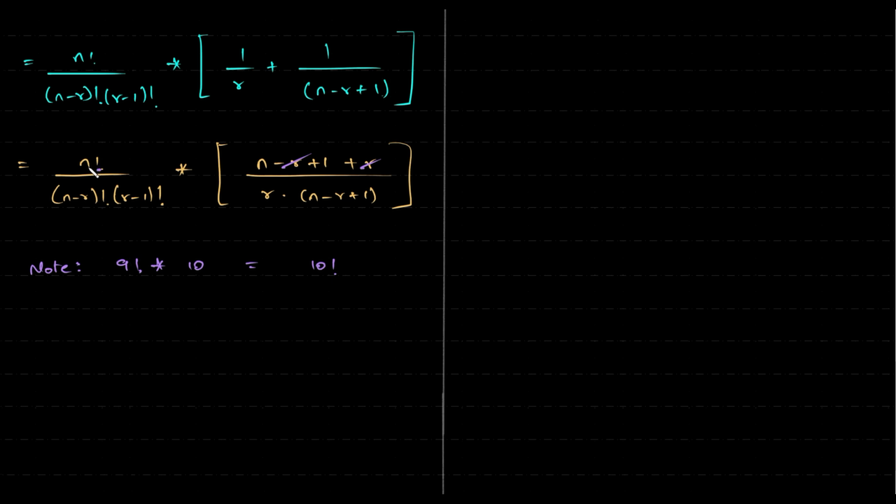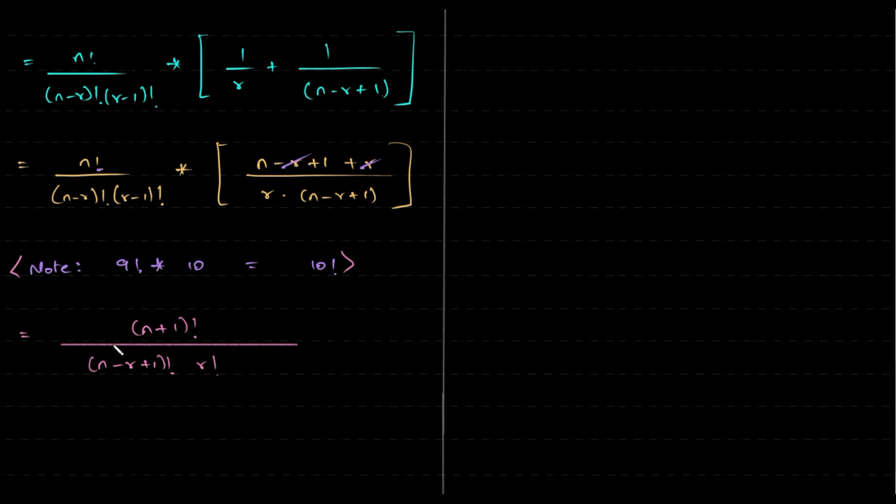Similarly, here we have n factorial into (n plus 1), so that would be (n plus 1) factorial, this entire thing divided with, in the denominator, (n minus r) factorial into (n minus r plus 1), so this will be (n minus r plus 1) factorial, and (r minus 1) into r, right? (r minus 1) factorial into r is r factorial itself.